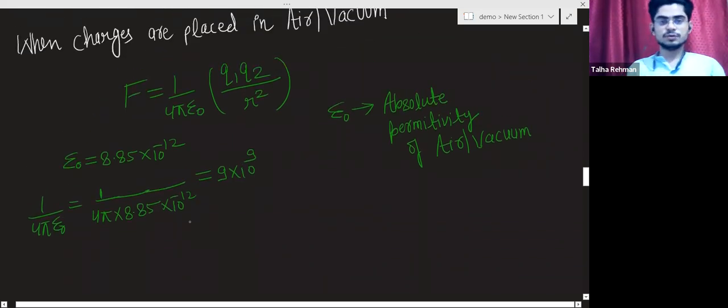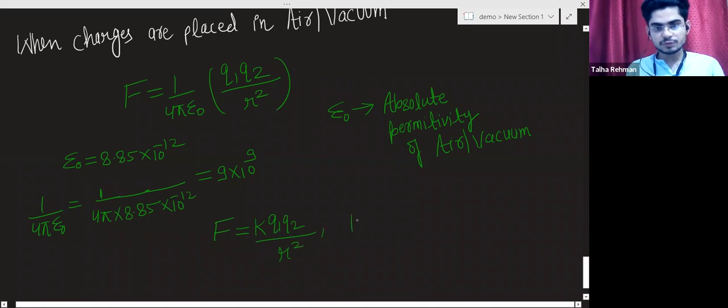So you should remember this formula for air when charges are placed in air: 1 upon 4 pi epsilon naught, or you can say k, k Q1 Q2 divided by R square, and you should know the value of k in air, 1 upon 4 pi epsilon naught, which is equal to 9 into 10 to the power 9.